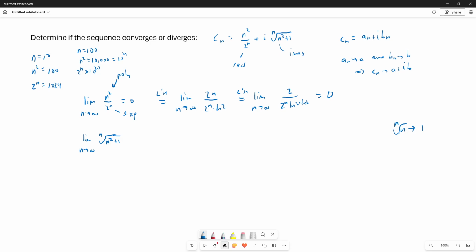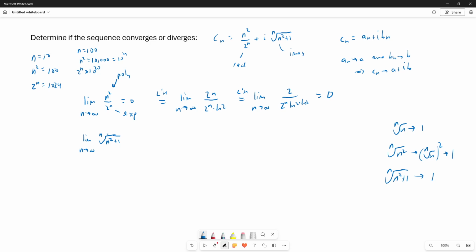If we know that the nth root of n goes to 1, then the nth root of n squared would go to the nth root of n, squared, which is just 1. And then adding 1 inside the radical isn't going to change things. So this still goes to 1.